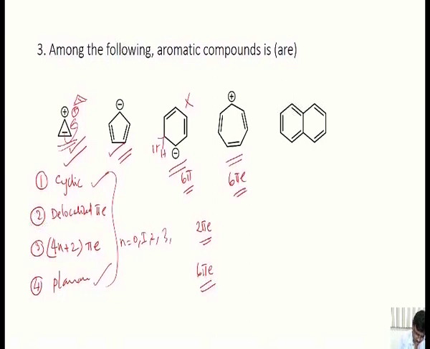The pi electrons are delocalized, therefore this is aromatic. This has 10 pi electrons. It has delocalized pi electrons, therefore this is aromatic. The 4 compounds are aromatic and this compound is not aromatic because it lacks the delocalization of the pi electrons.